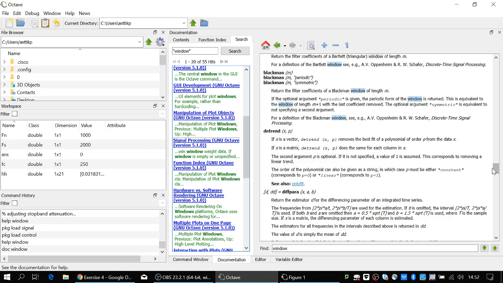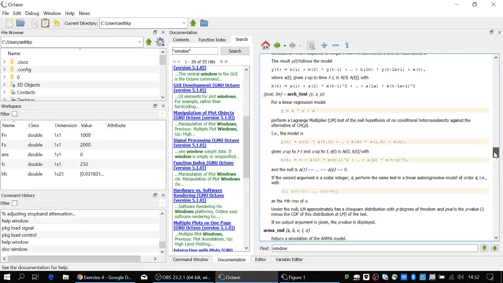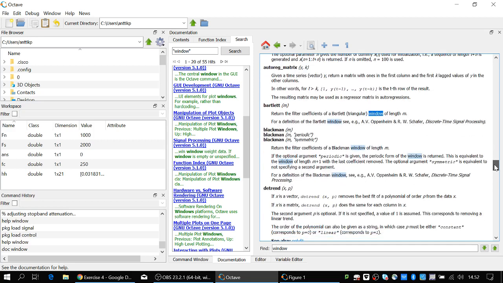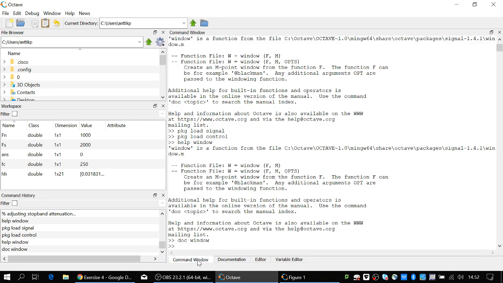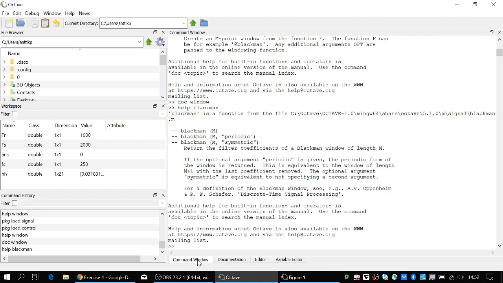Okay, now we can find some windows here. That was the Blackman, Bartlett is here, and so let's see. I will take the help, for example, that Blackman, and there's supposed to be also some hints of where to find.